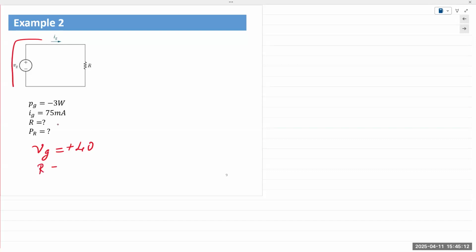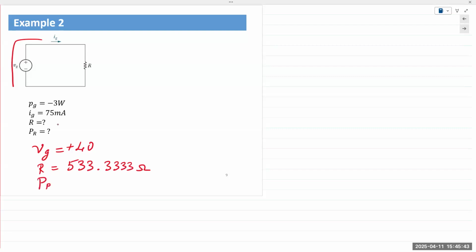And then R, what did you obtain? 533. Never omit the decimal point. 533.333. I like to go at least 3 or 4 decimal places. Chances of errors are minimized.